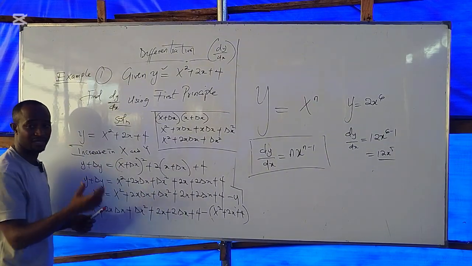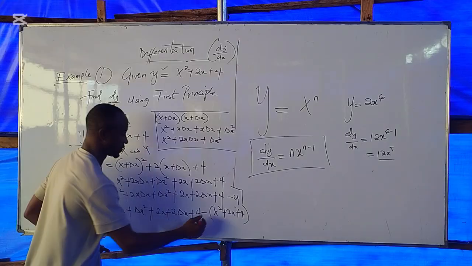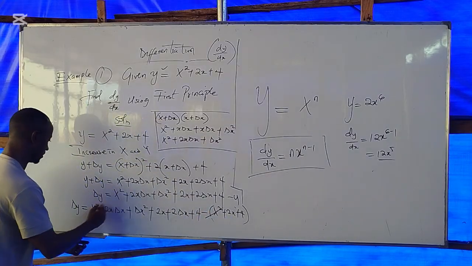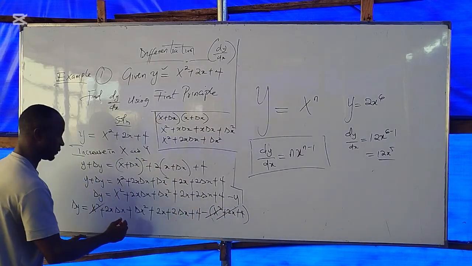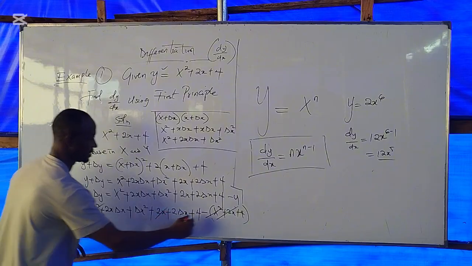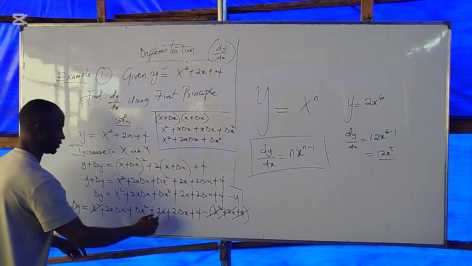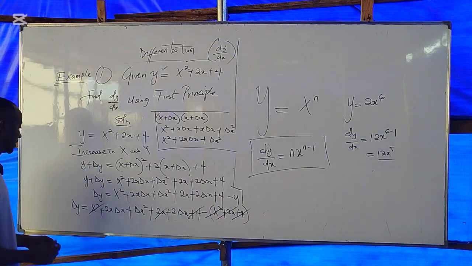So let me just assume that I've expanded. This will go with this, this will also go with plus 2x, and this will also go with plus 4. Do you get the gist now?